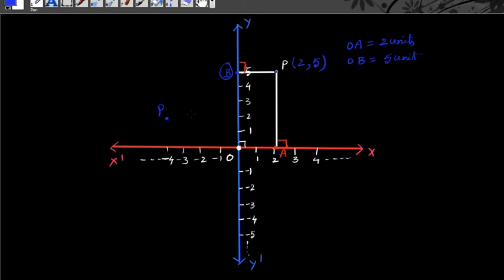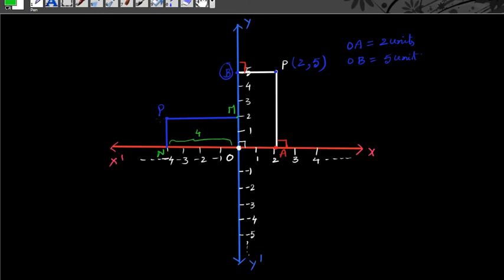Now, in the same concept, we have to draw the perpendicular lines from the point P to both the x-axis and y-axis. So, now the distance from origin to this point, say this is the point N, this is the point M. So the distance on the x-axis, that means origin to N, is how many units? 4 units.